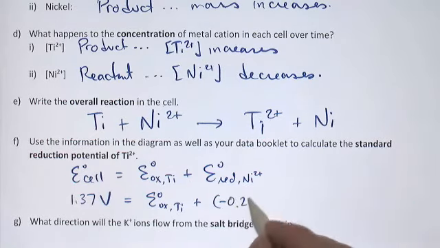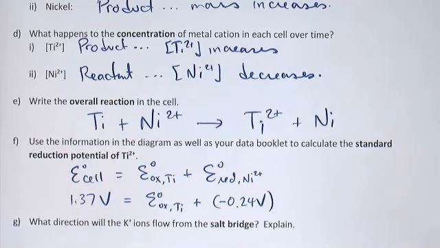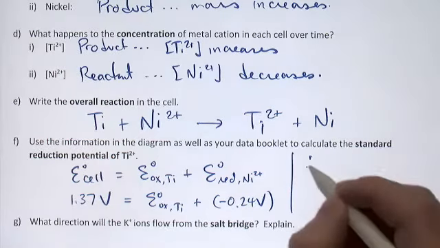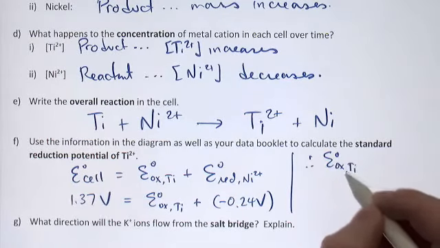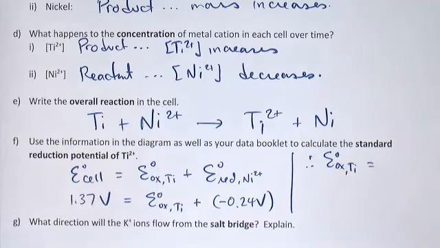Negative 0.24 volts, which means the oxidation potential for titanium is going to equal 1.61 volts.